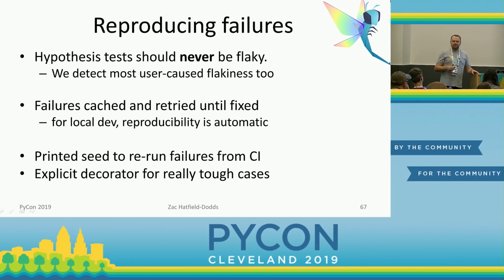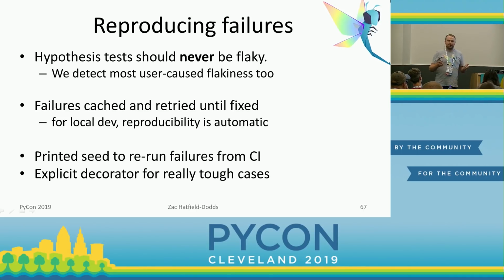However, if you're running tests in CI on a remote server, you don't have that cache locally. So there's a couple of things that come in here. The first is that Hypothesis will print the little wrapper of the data that failed. So you should be able to just put that into your test function and see what happened. Maybe you don't even need to reproduce it locally if the logs are good. The second is that we'll actually print the seed that Hypothesis used for random generation for that whole run.